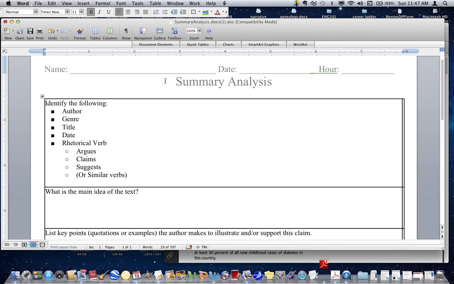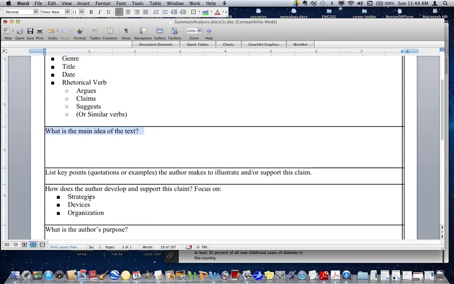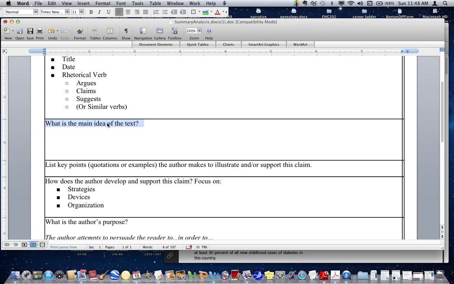So let's review summary analysis: author, the genre, the title, the date if you know the date that it was published, rhetorical verb, argues, claims, suggests, what's the main idea of the text, listing the key points that support that main idea, and they can be quotations or examples from the text.